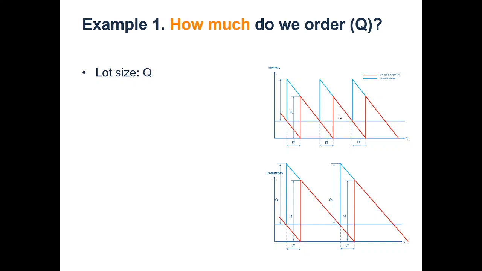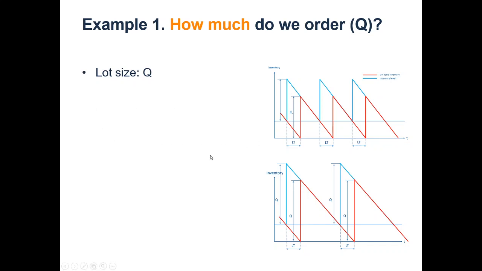But on the contrary, since we place orders of a smaller quantity, we place those orders more often. So we have more triangles like this, which means that we have to place more orders and pay the fixed cost more times over time.